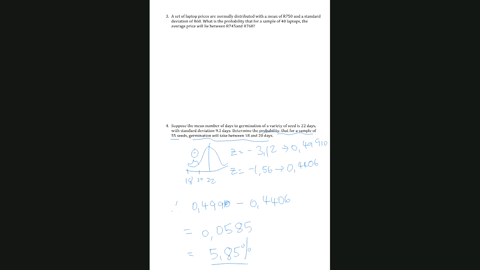One important note that you would have come across with your lecturer is that in the formula for Z, whether it's for a mean or a proportion, I would like to write out the formula here for you.